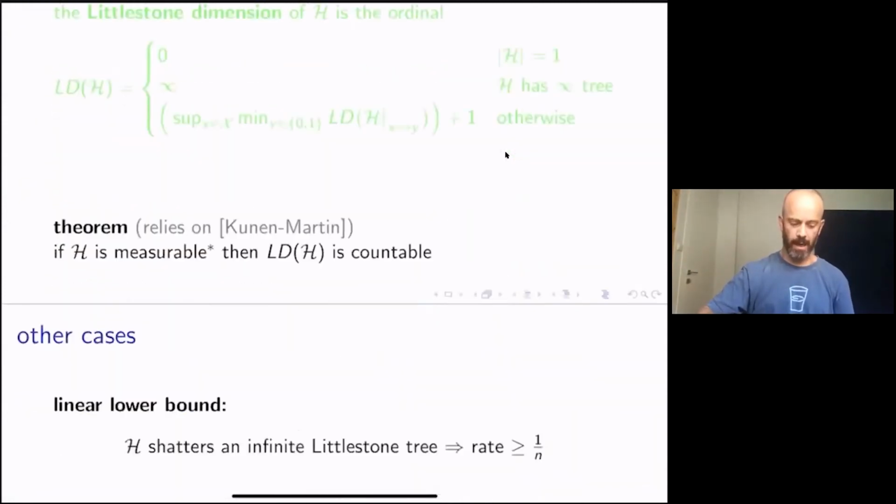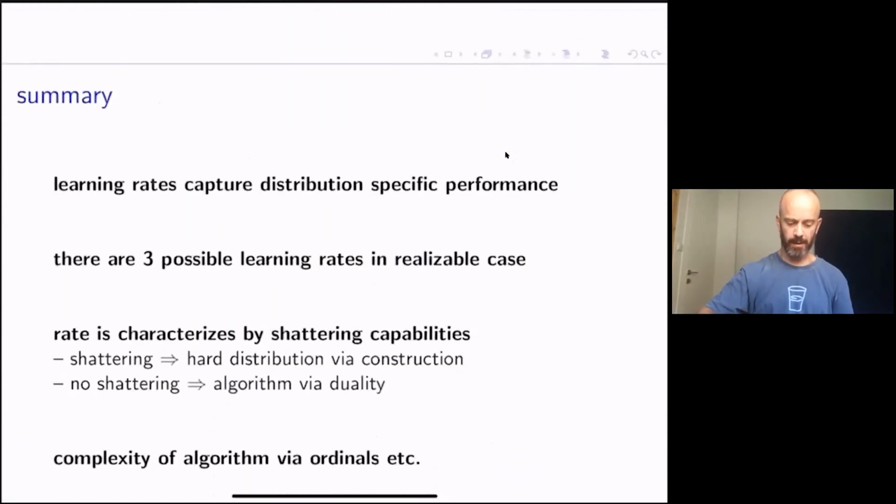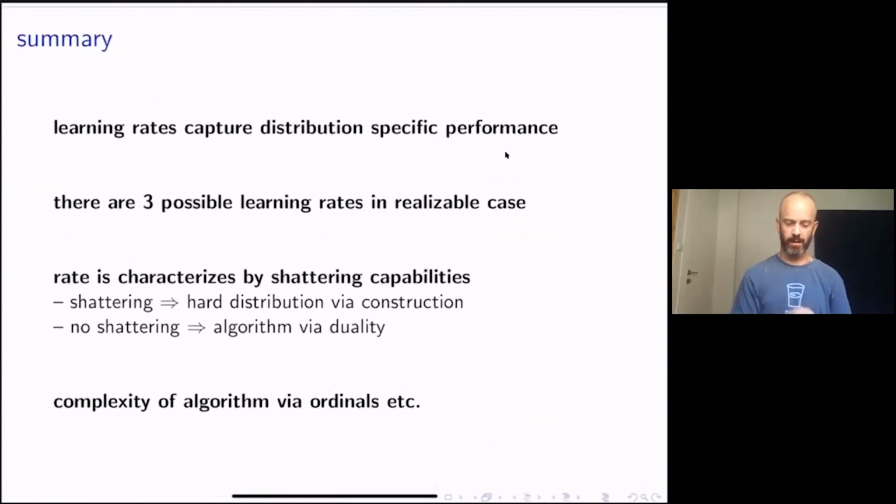And now I want to just summarize the talk. I see one minute. The starting point of the talk is to understand that the way the rate tends to 0 is valuable information. And now we want to take this valuable information inside the mathematics to build a theory that captures this information.